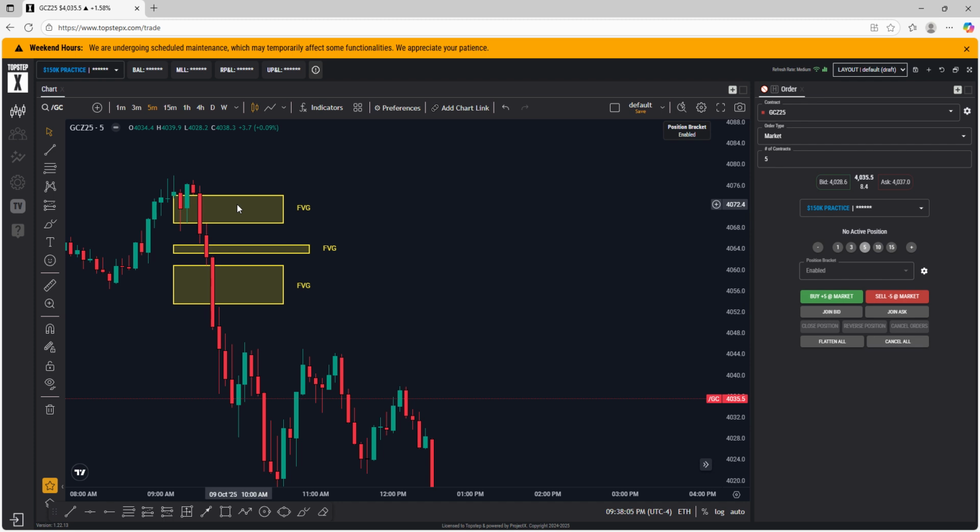So when you see institutional candles, they are long body candles, right? These type of candles can be engulfing candles, right? Or they can create gaps, right? Sometimes institutional candles can be engulfing candles and create gaps, right?